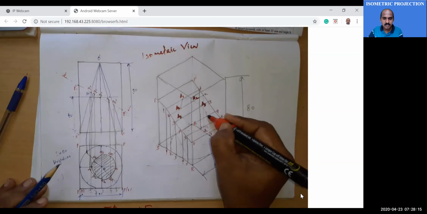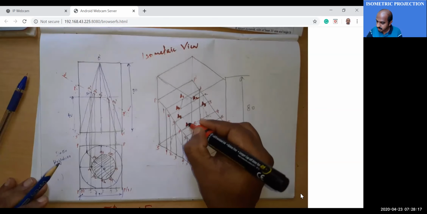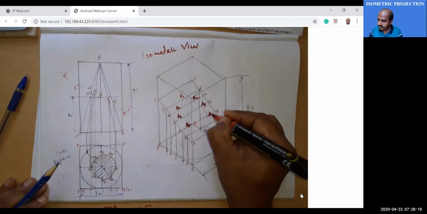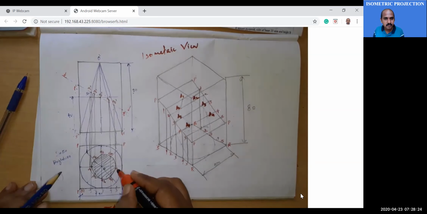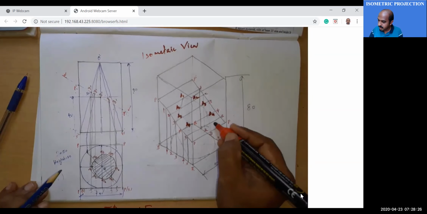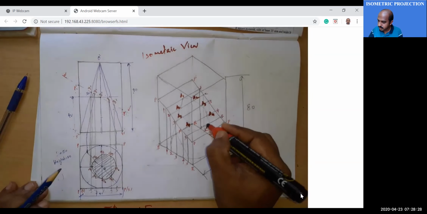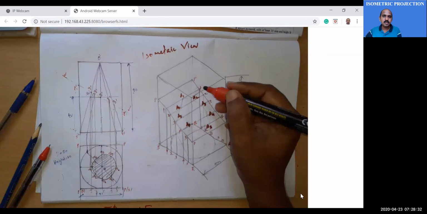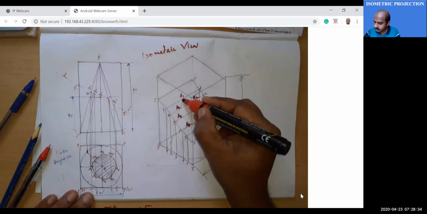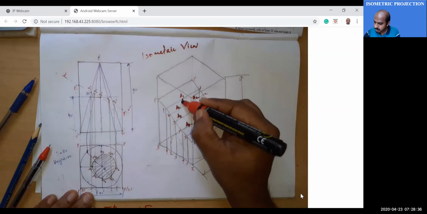So this is your a4 and this is your a4. Clear? Then you measure 5 to a5, you mark it. Both are the same points. Then you can connect all these points by a smooth curve.